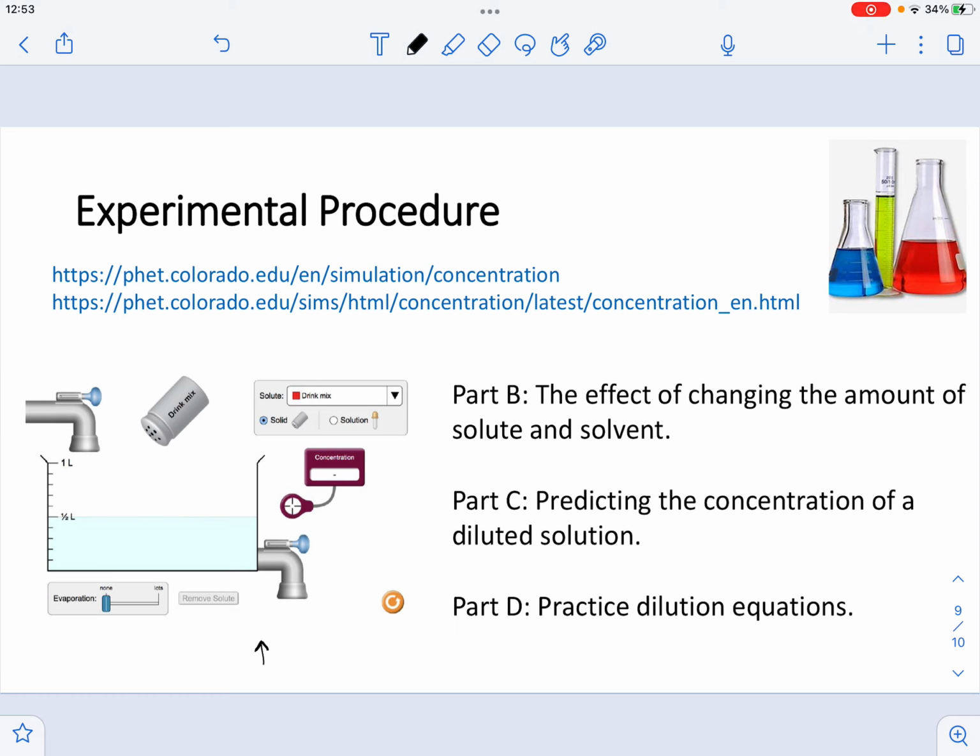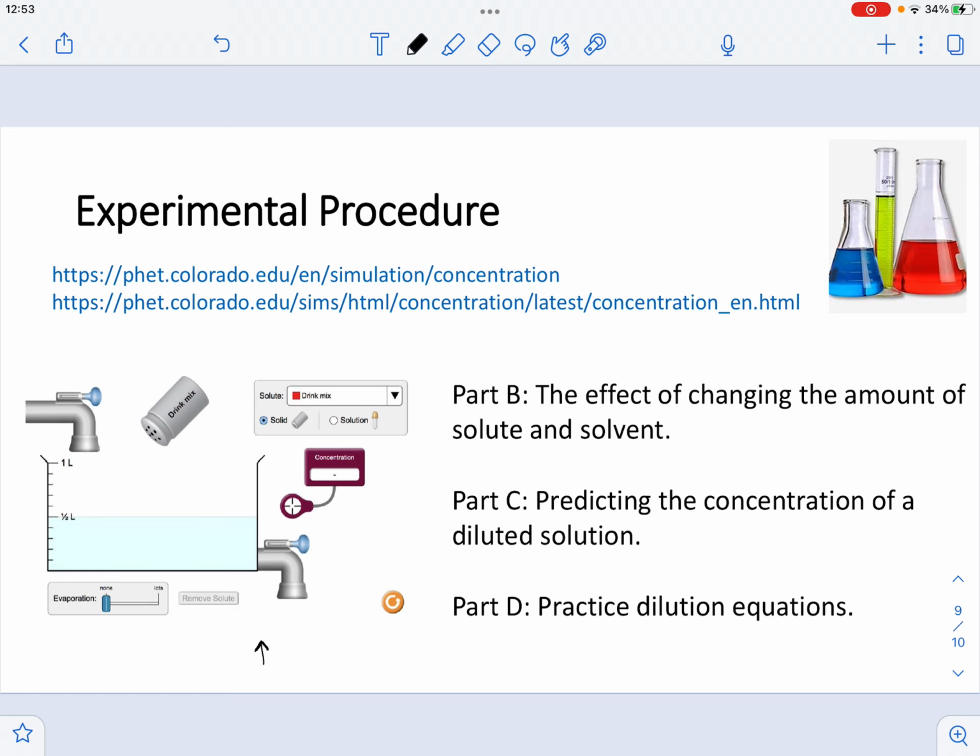In part C, you're going to do some calculations and predict the concentration of a diluted solution. So for parts B and C, you will be using the simulation. And part D is just more practice for dilution equations. For part D, you're not going to be using the simulation.